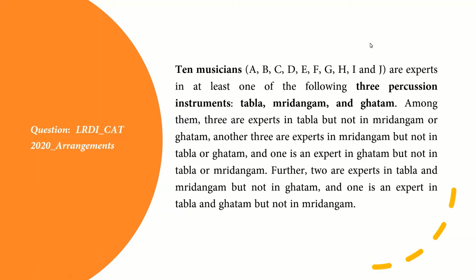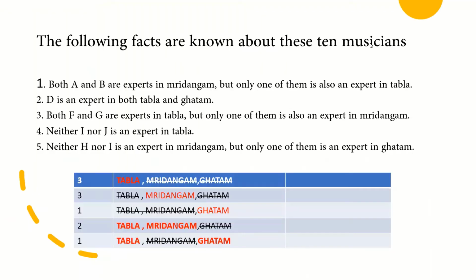So the basic idea when we are looking at this question is, can we put the data in a table format? The table looks something like this. Now there are additional conditions as well given. A and B are both experts in mridangam, but only one of them is an expert in tabla.